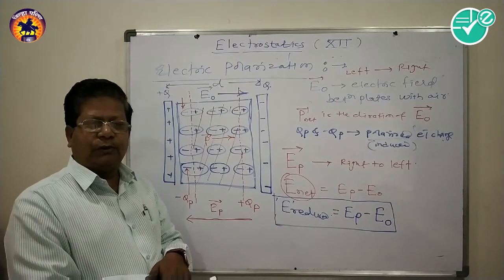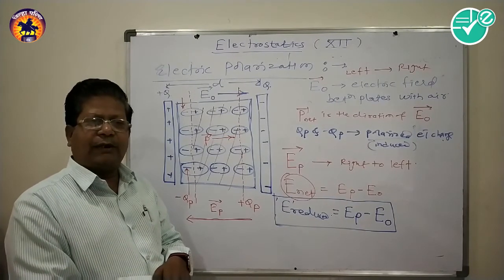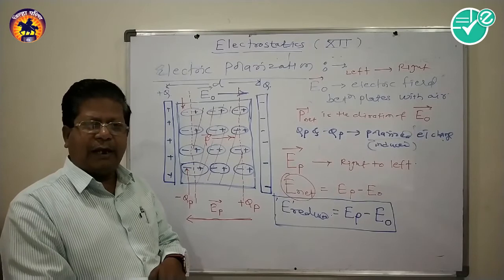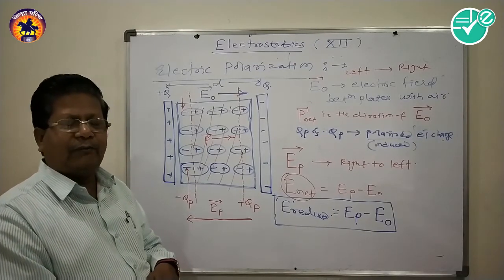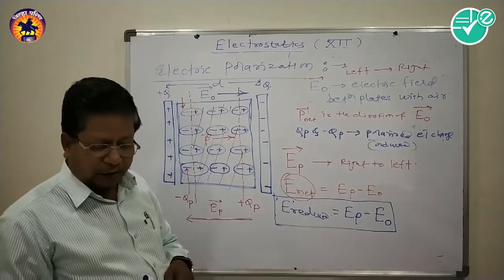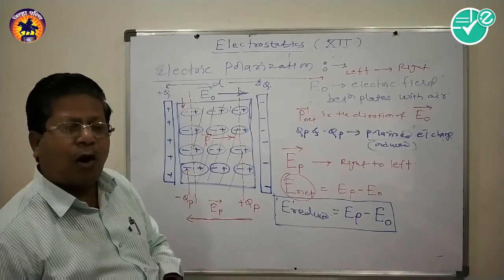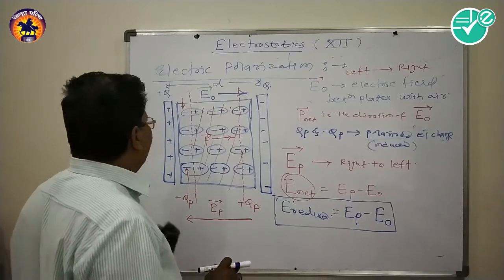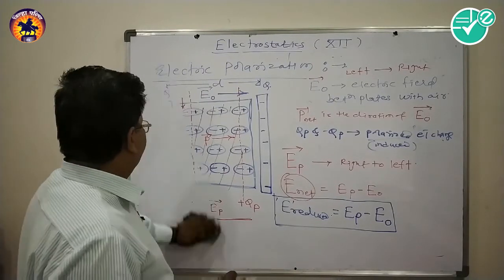Then the electric field due to these induced charges is opposite to the direction of the applied electric field, and hence the net electric field is EP minus E0, or there is a reduction of electric field.